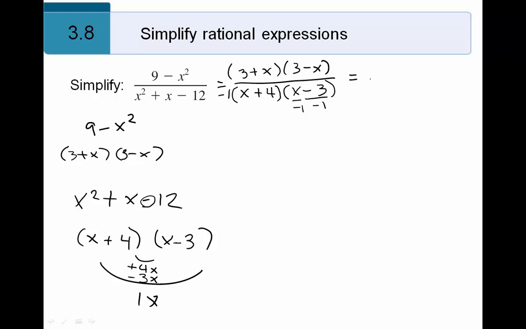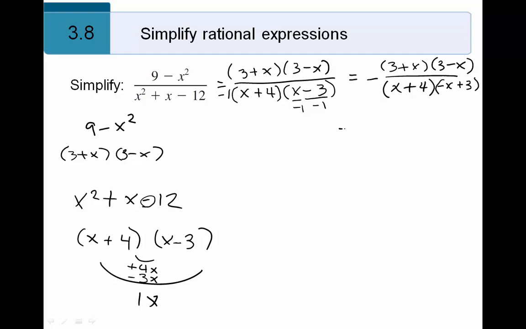That negative that I factored is just going to make the fraction negative out front. I will have 3 plus x multiplied by 3 minus x over x plus 4 multiplied by negative x, and now negative 3 divided by negative 1 is positive 3.